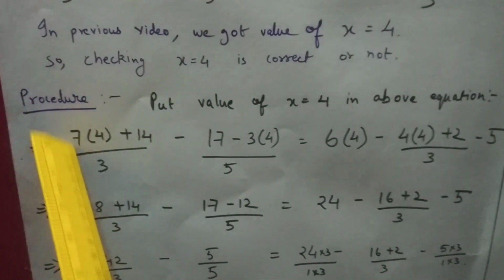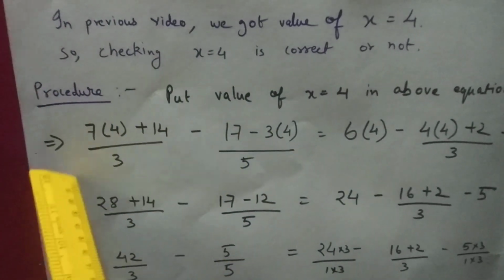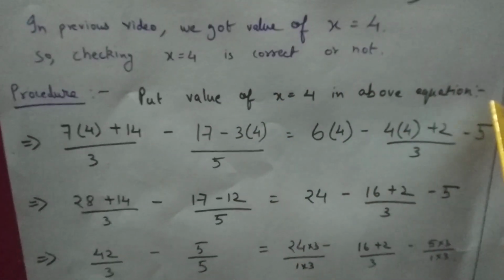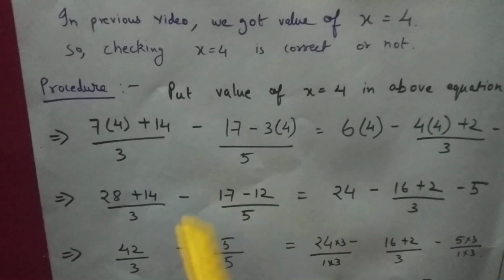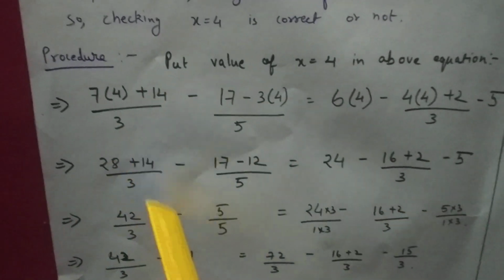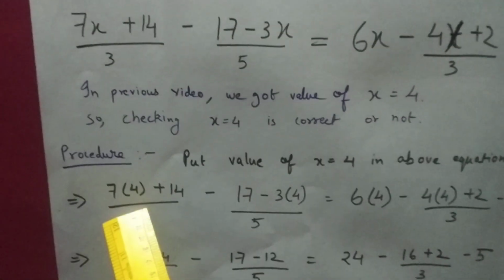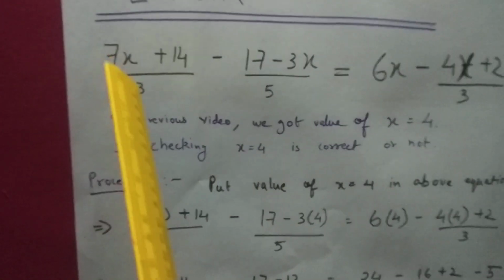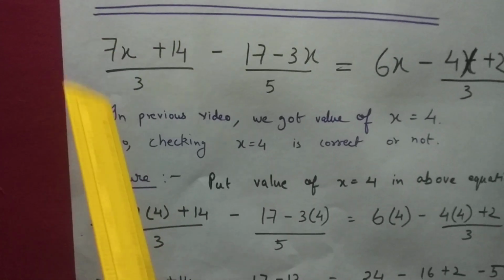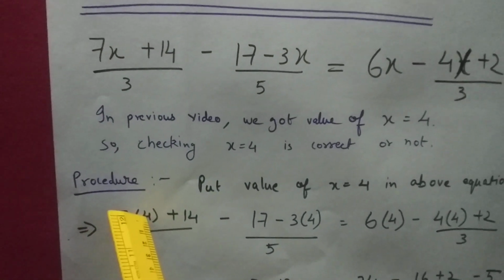This is the LHS part and this is the RHS part, and we will solve LHS and RHS parallelly together. Simple. So you can check this in place. With respect to x we have put the value of x as 4.